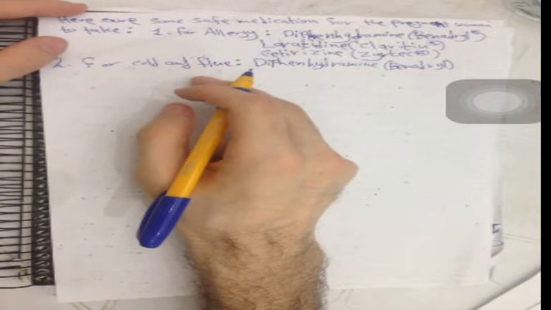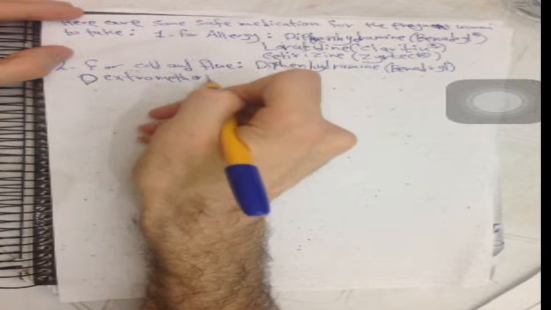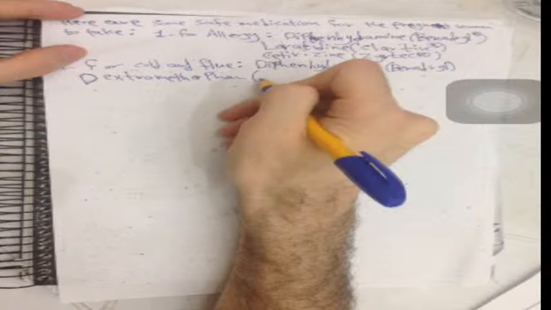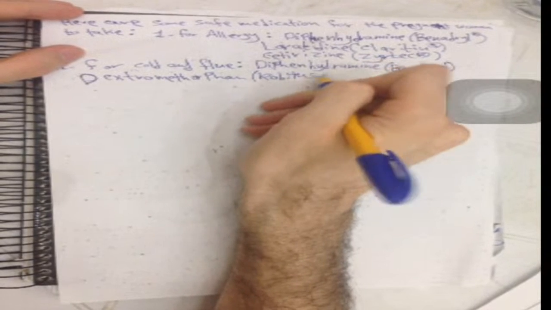Then we have dextromethorphan, also called Robitussin.